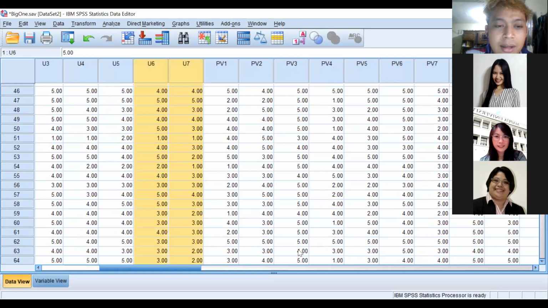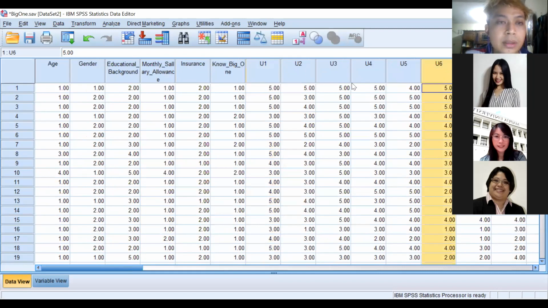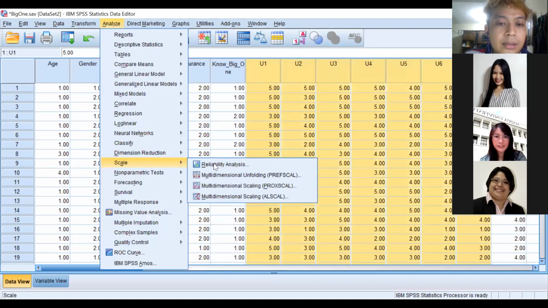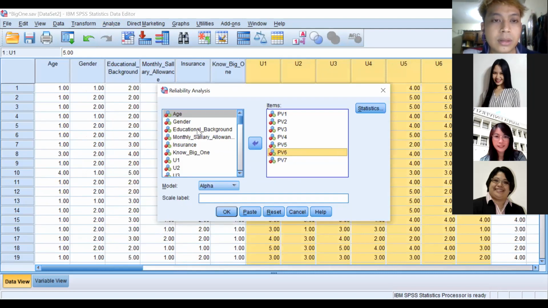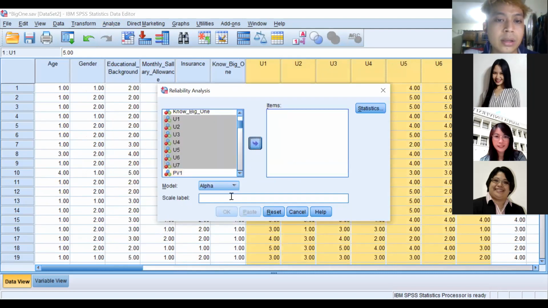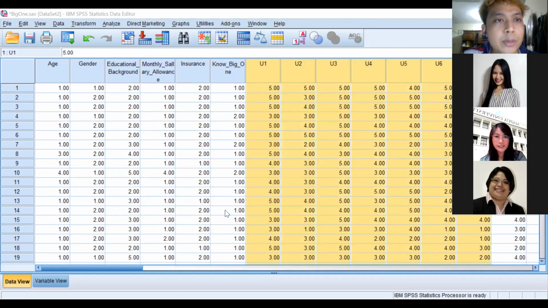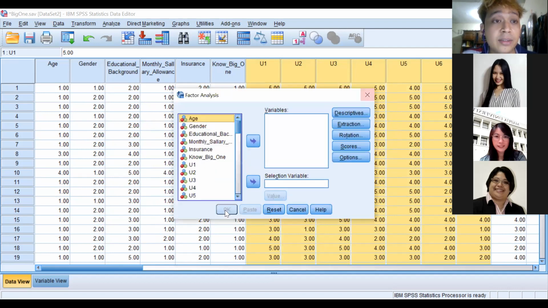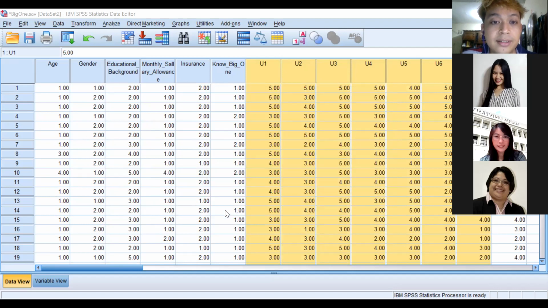But anyway, that's how to do it, Maela. Analyze, Scale, Reliability. Yeah, it's correct. What happened with that one? Let me talk to Arvin later. But anyway, you got it right, Maela.